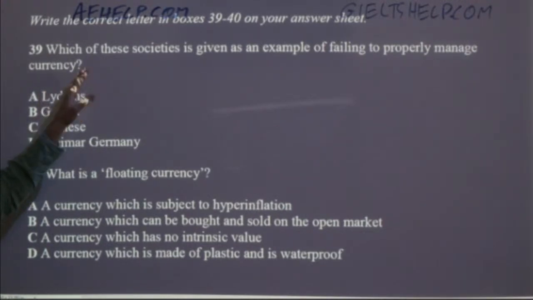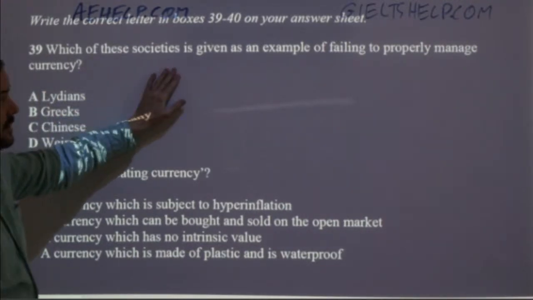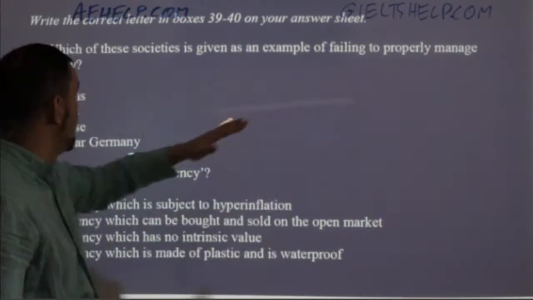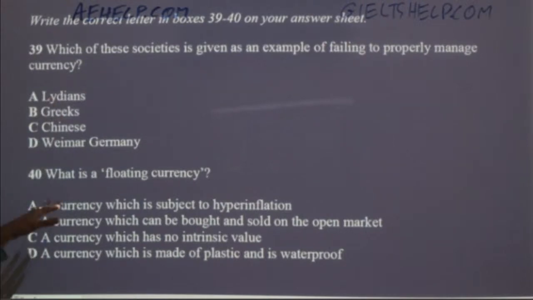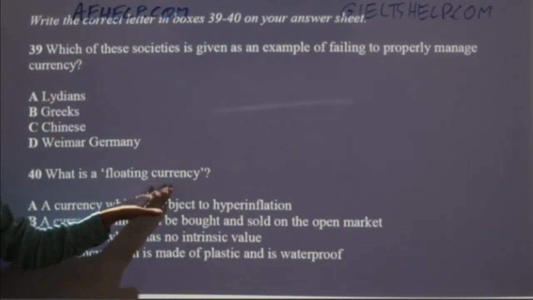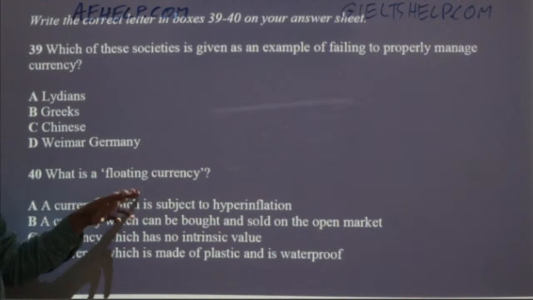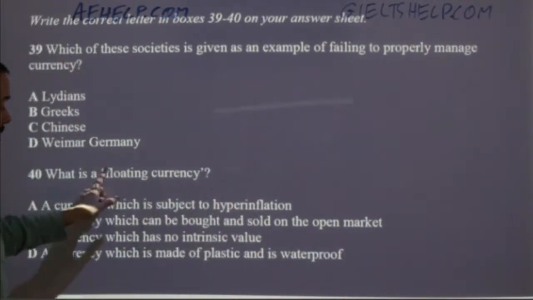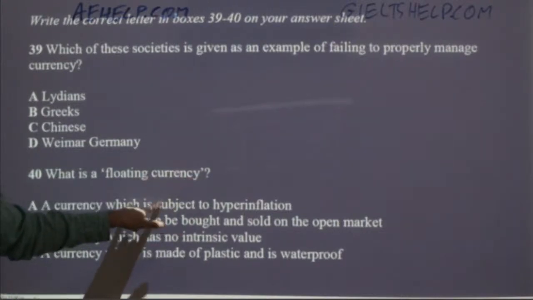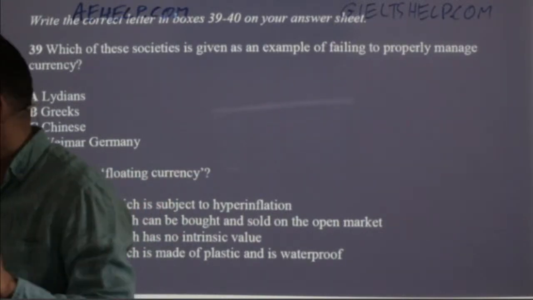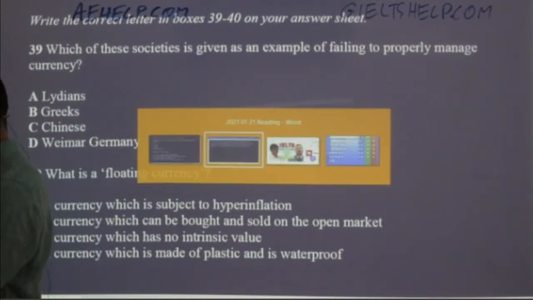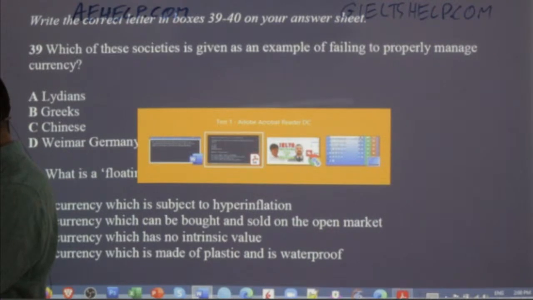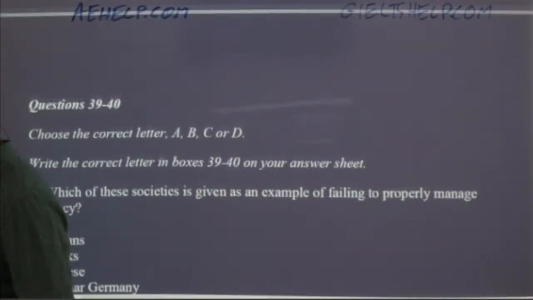Okay, so this society is given as a case study for not being able to handle their money. What is a floating currency? The definition of a floating currency is, and then that's it. Don't paraphrase concepts that are in either single or double quotations, because you will see that. Okay? All right, so let's go back to our passage and read now.